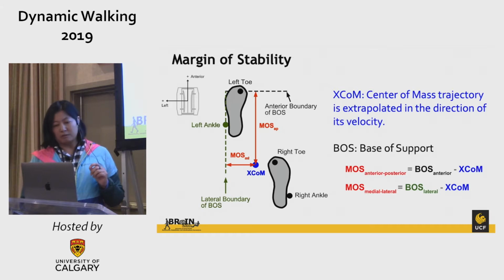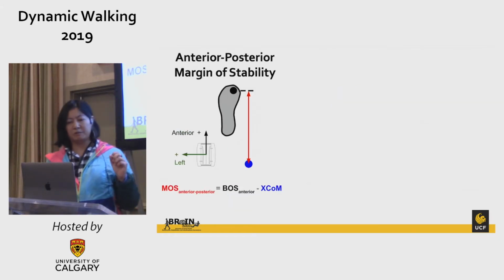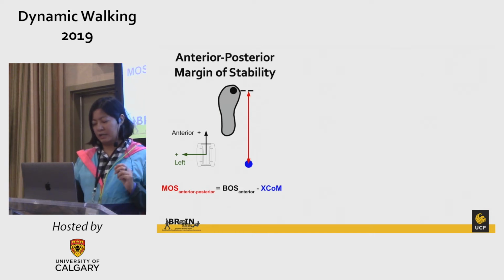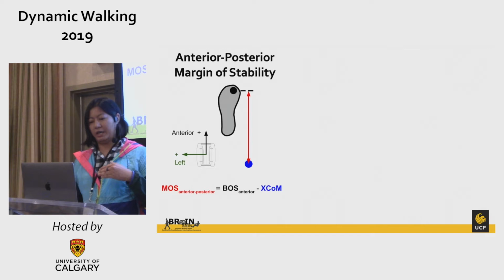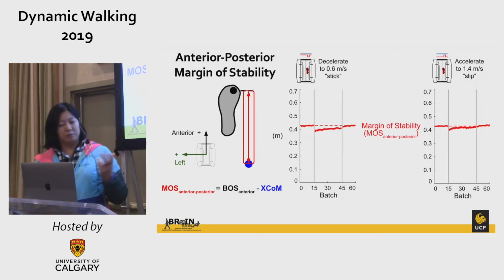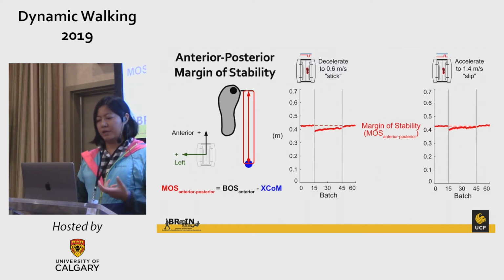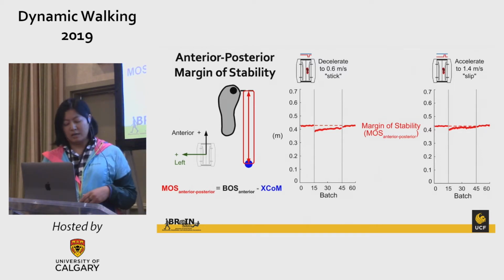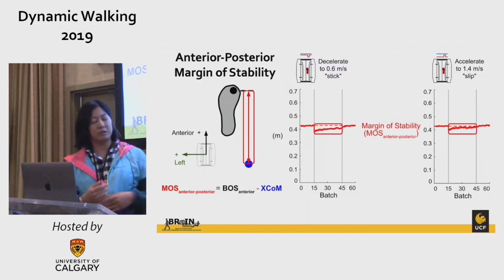So what are our results? This is for the anterior-posterior margin of stability, which again, is the difference between the extrapolated center of mass and the anterior boundary of the base of support. So when we look at the 2 perturbations, we see that when you first introduce the perturbations, there's a decrease in margin of stability, which is not surprising, what you would expect.